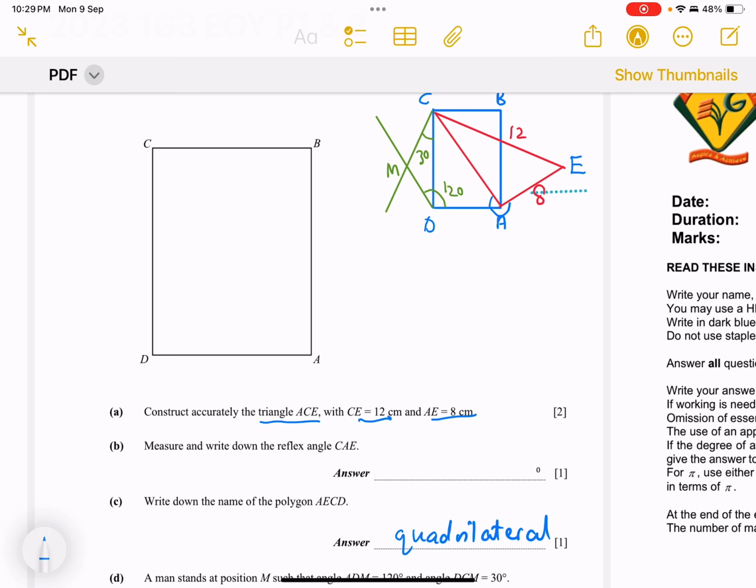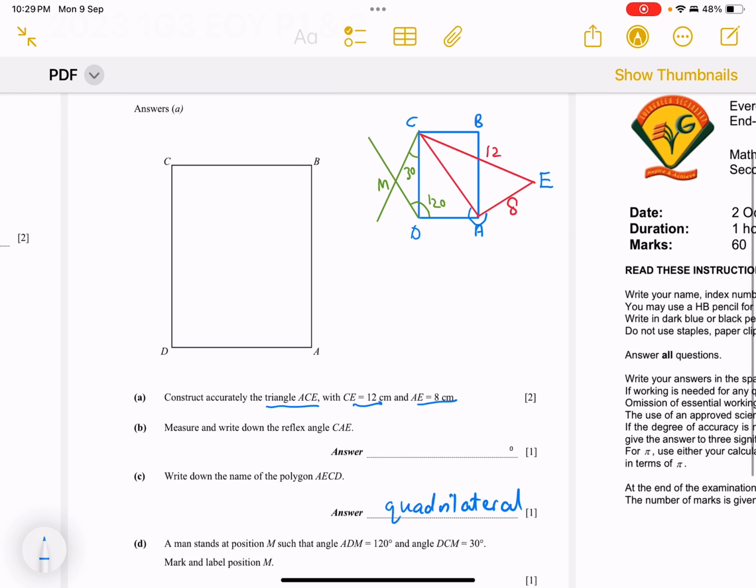Always read the whole sum before you start constructing. Now, a man stands at position M and angle ADM is 120. So AD, so M must be somewhere there. And the angle DCM is 30.